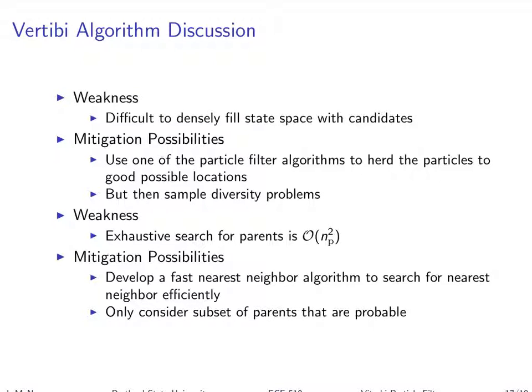But as many of you suggested during our discussion, we've got particle filter algorithms, we've got the process model, we've got a technique by which we can herd particles to good possible locations. But again, when you do that, you may run into diversity problems where you don't have some of the space covered that you really do want covered. So the good news is you can place things wherever you want.